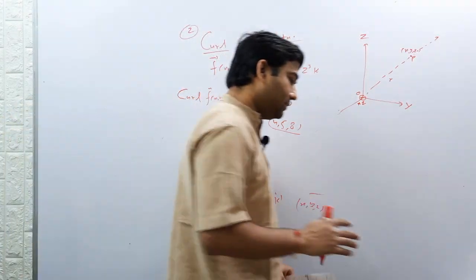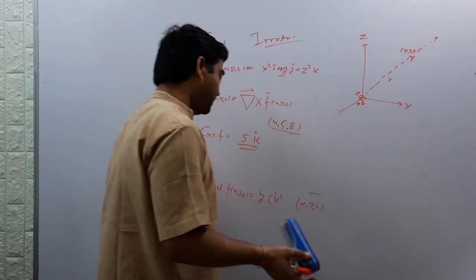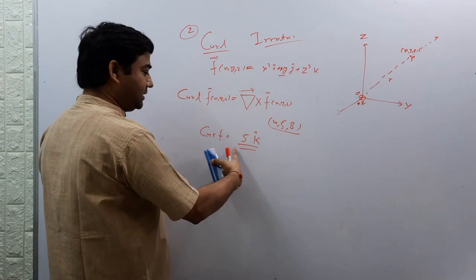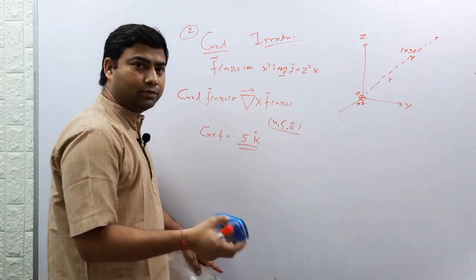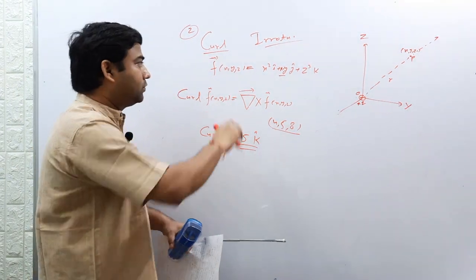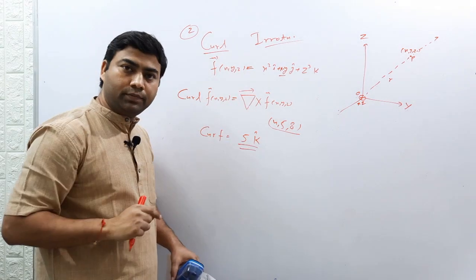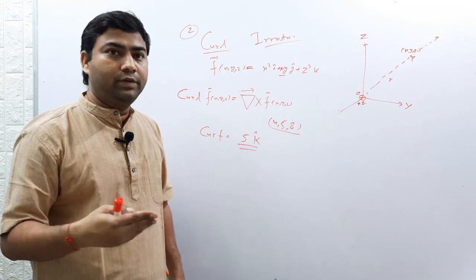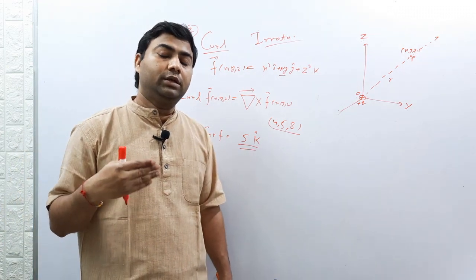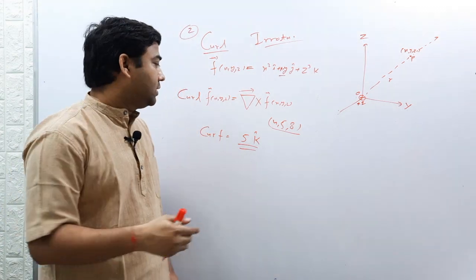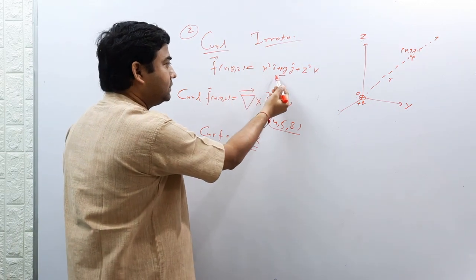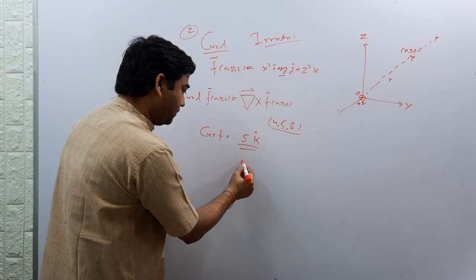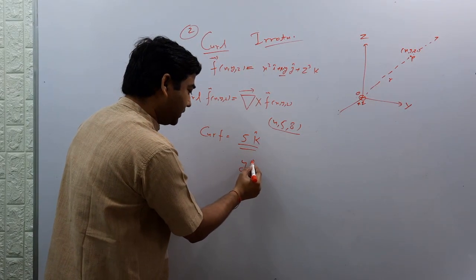So now we will understand the physical interpretation of curl. For the earlier function we found curl 0. So when we find curl 0 for a given vector field, that vector field is called an irrotational vector field. For this new field which we have changed, we found curl as 5k, or for a general point y into k.